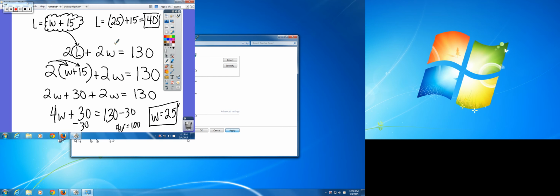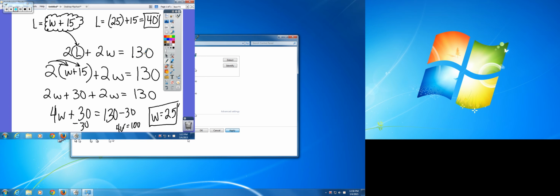Now, of course, if you didn't have the W plus 15, and you wanted the length to equal the width, then you would just say L is equal to W, and plug the W in here and get 4W.